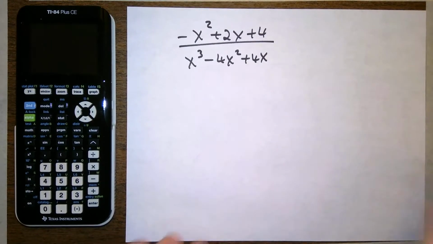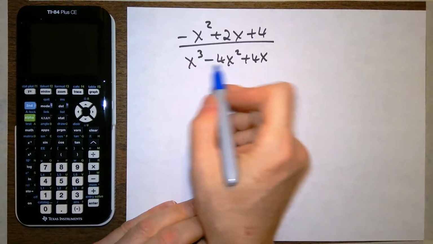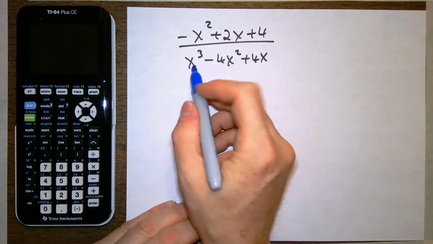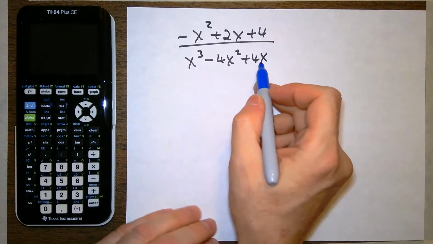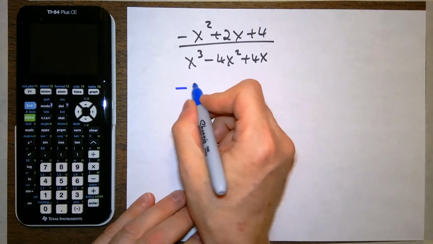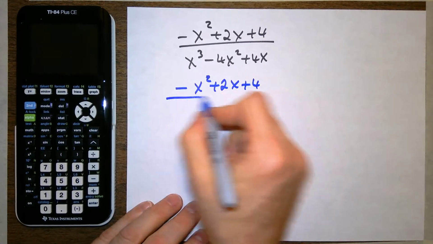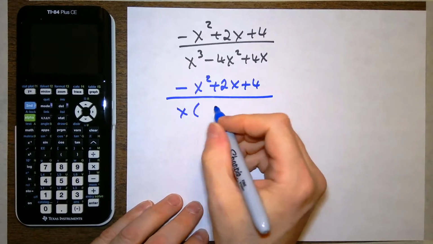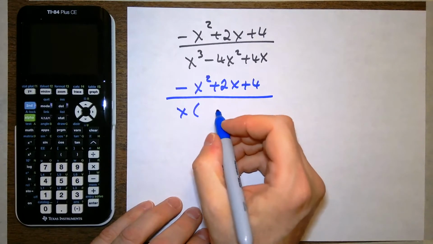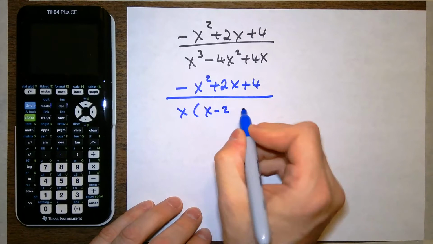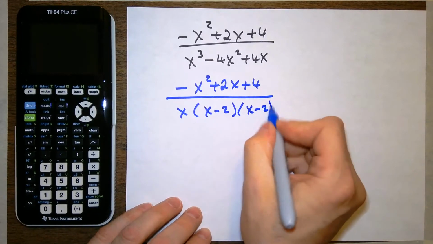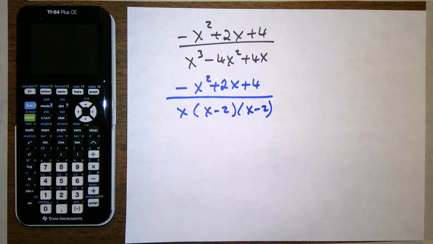Factor the denominator. I can factor an x out of there, and then I would have x squared minus 4x plus 4, which also factors. When all the factoring is done, we should have x, x minus 2, x minus 2.